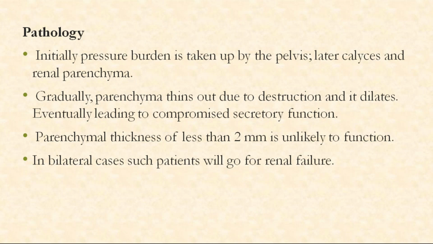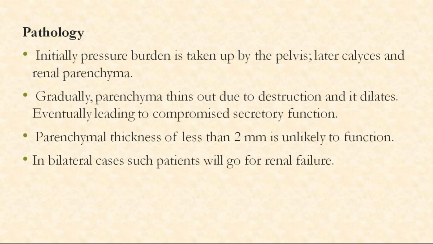What is the pathology? Pathology of hydronephrosis. Initially, the pressure is taken in the renal pelvis, later the calyces and parenchyma, so that the kidney gradually enlarges. The parenchyma is thinned out due to the destruction and dilatation, leading to compromise of the secretory function.